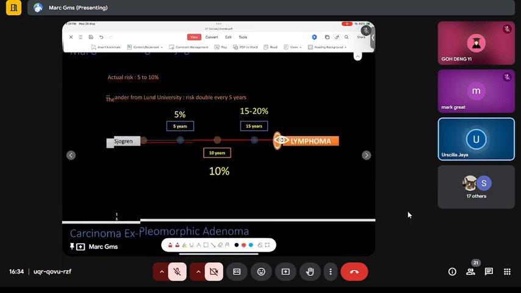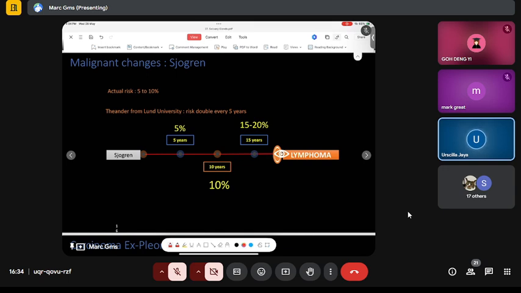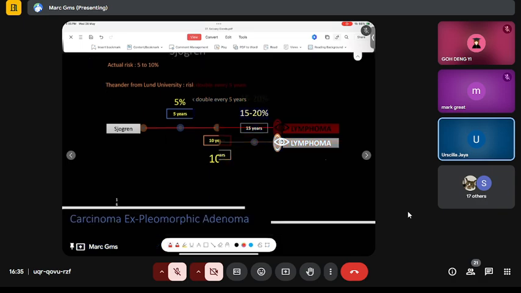Okay, now malignant change in Warthin's tumor is about 5 to 10%, usually in about 10 years. We're talking about 10 years. And the common malignant transformation is lymphoma.